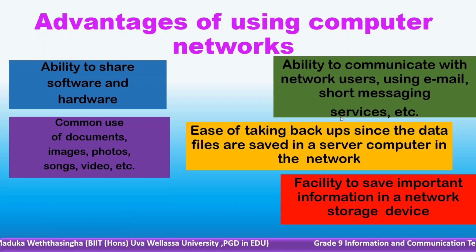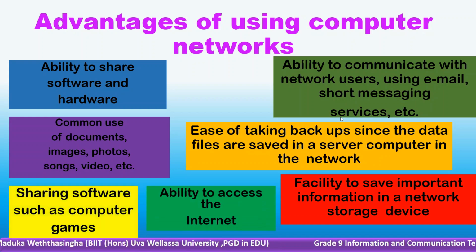We don't want to be worried about the data lost. And also facility to save important information in the network storage device. It means within the server computer we can save all the important stuff. Ability to access the internet, and also we can share softwares such as computer games. These are the advantages of using computer networks.